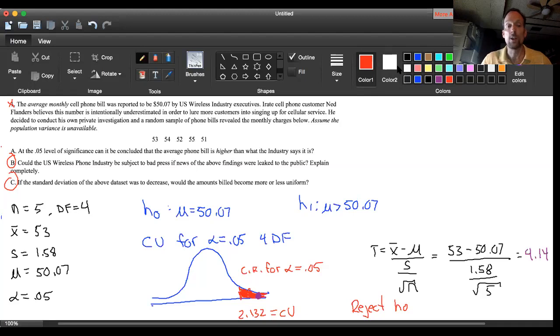Or actually, sorry, the amounts billed would be becoming more uniform, because as the standard deviation goes down, the data set values are becoming closer to the average. That means they're becoming more similar because there are fewer gaps between the numbers. So the amounts billed would become more uniform, more similar to each other.